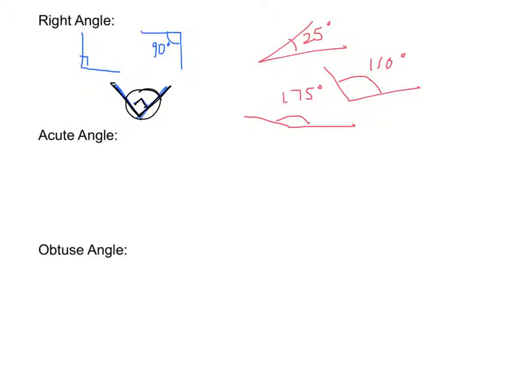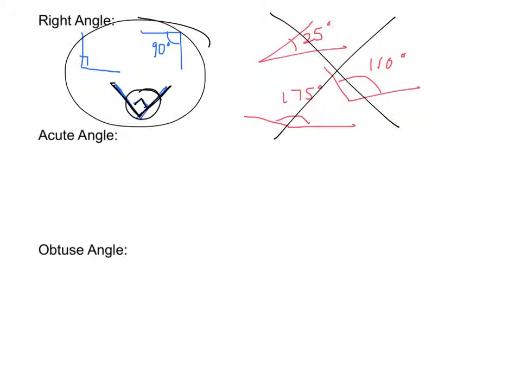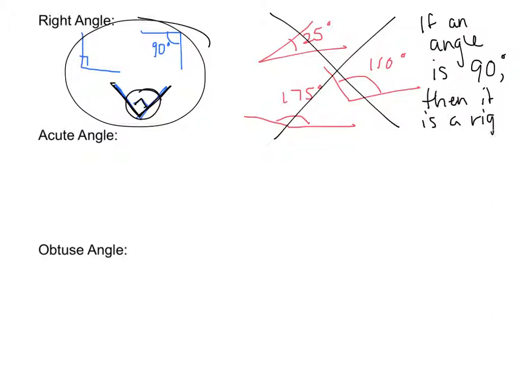So from this, if these are not right angles and these are, we can define a right angle as: if an angle is 90 degrees, then it is a right angle.